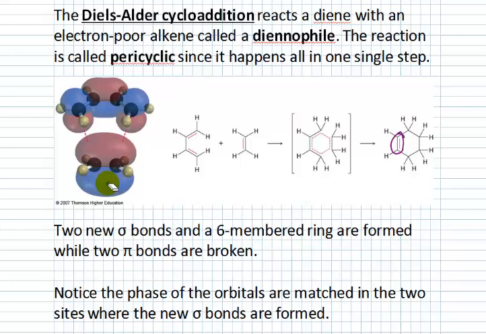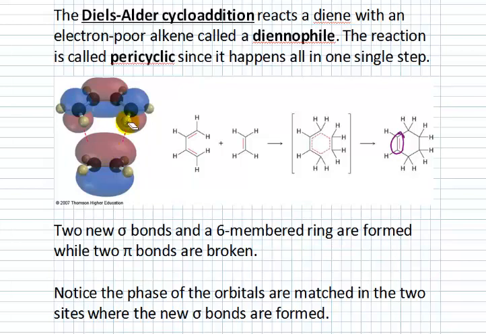Take a look at the phases of the orbitals that are attaching to each other. Here's the diene. Carbons 1 and 4 of the diene have a red-colored lobe pointed towards the red-colored lobe of the dienophile.